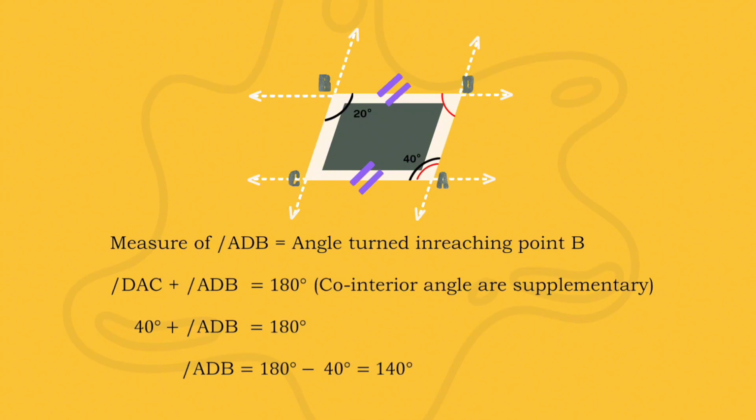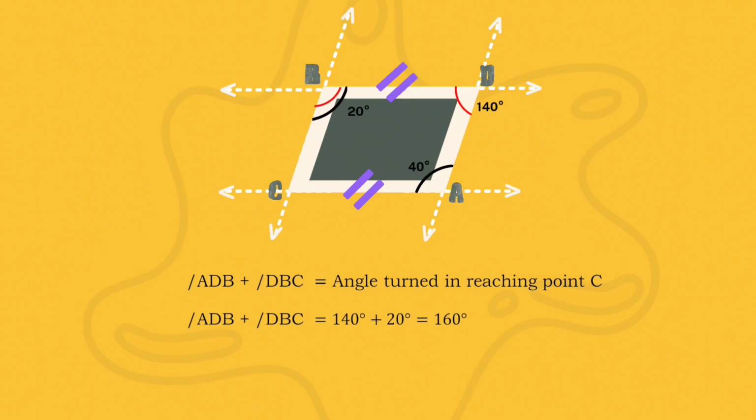In place of angle DAC, we can write 40 degrees. So, 40 degrees plus angle ADB is equal to 180 degrees. This implies angle ADB is equal to 180 degrees minus 40 degrees, which is 140 degrees. This is the angle turned in reaching point B.